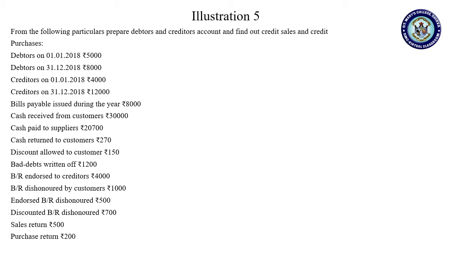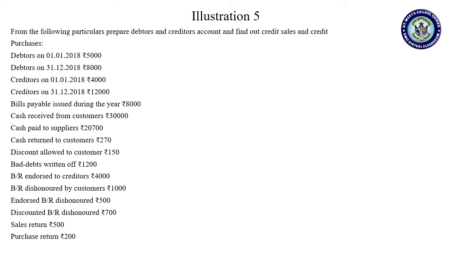Next line you write, if the shortage is on debit side, then it is treated as cash account. So debit side it is to cash, credit side it is by credit purchase.